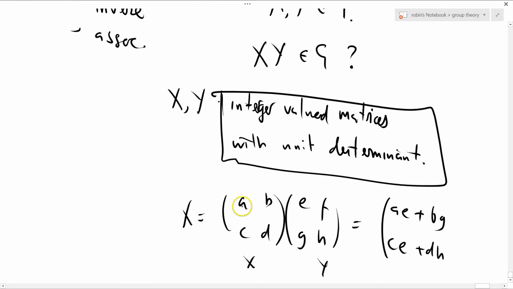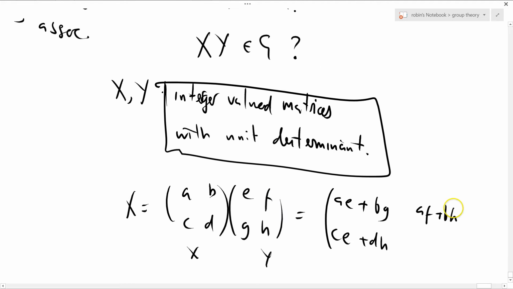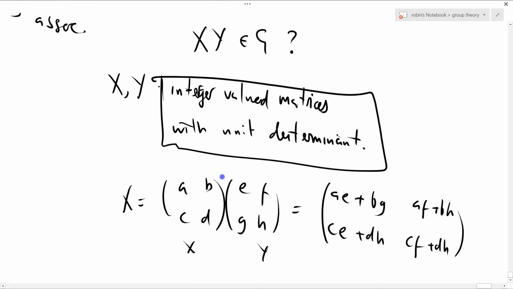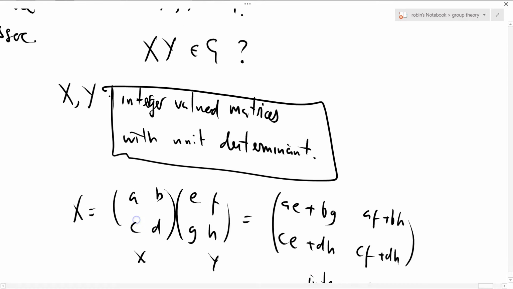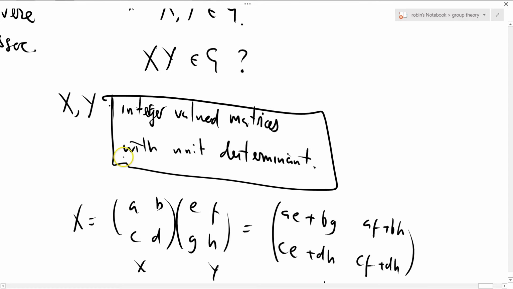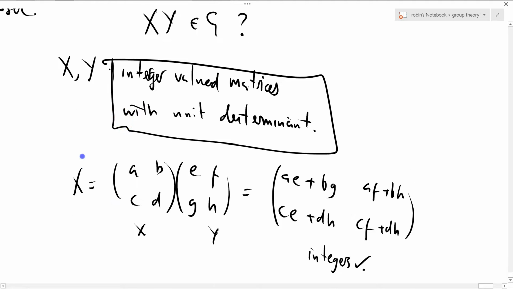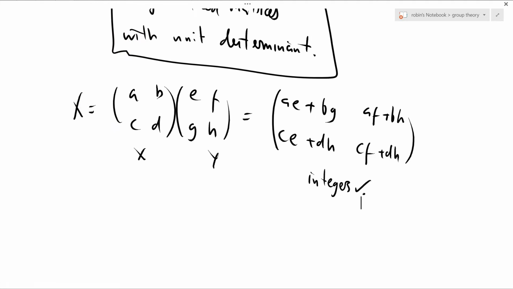Top right is going to be AF plus BH. Lower right is going to be the lower row with the right column, CF plus DH. So it's clearly integers. So it's integer valued. Tick.